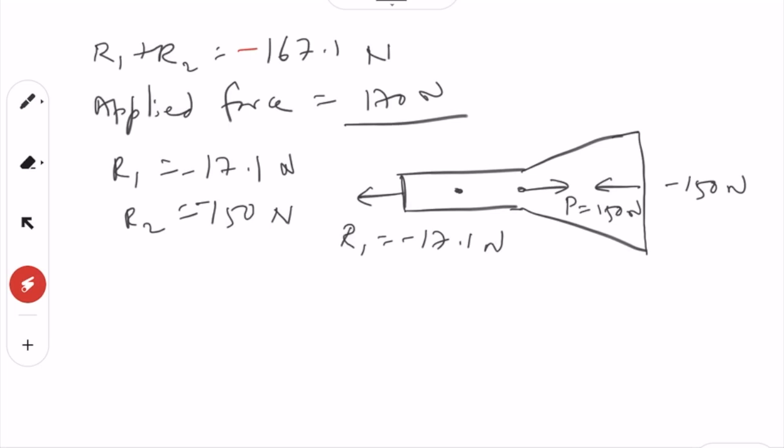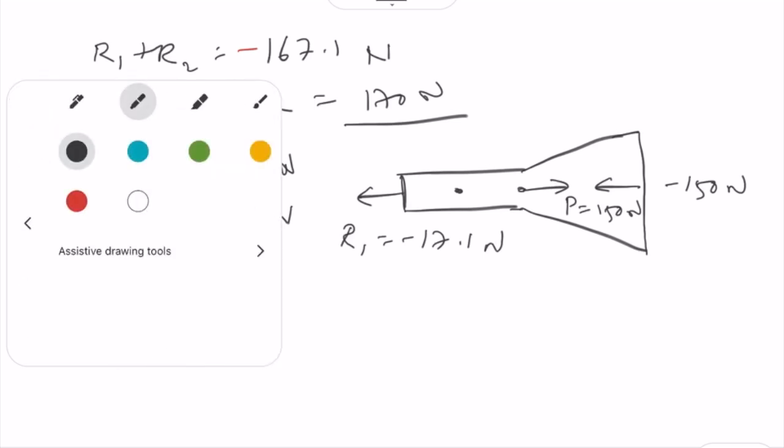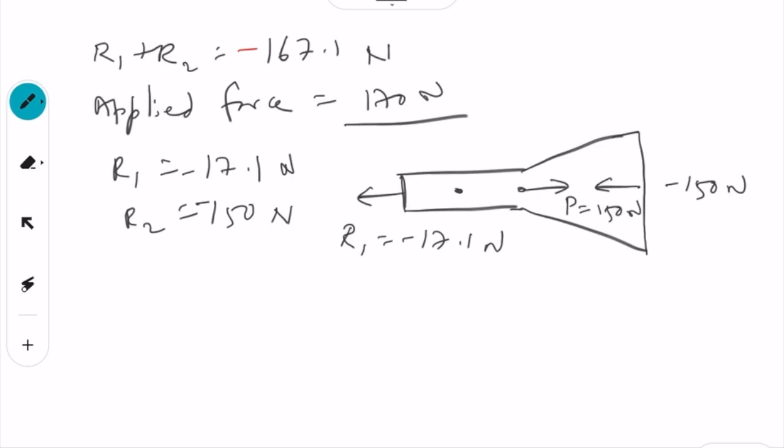This is divided into 3 basically, so we got 10 over 3, which is 3.33 here, and 3.33 here also.